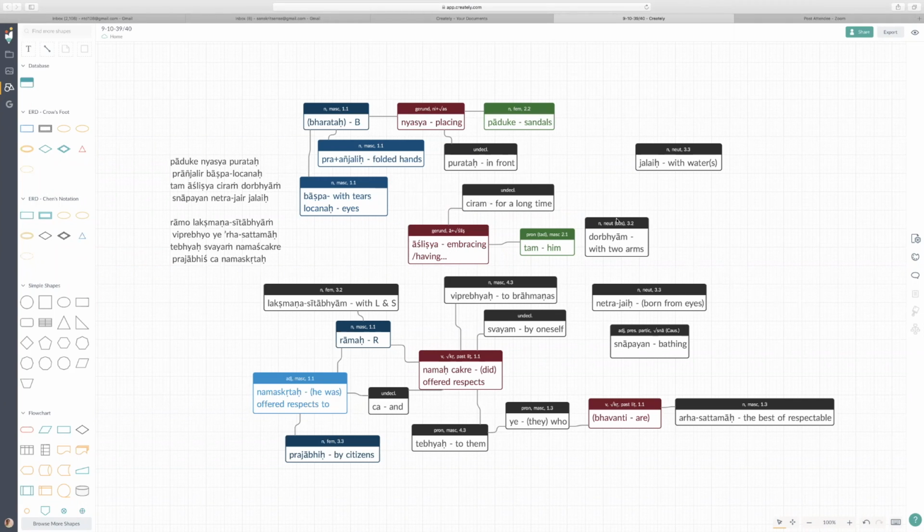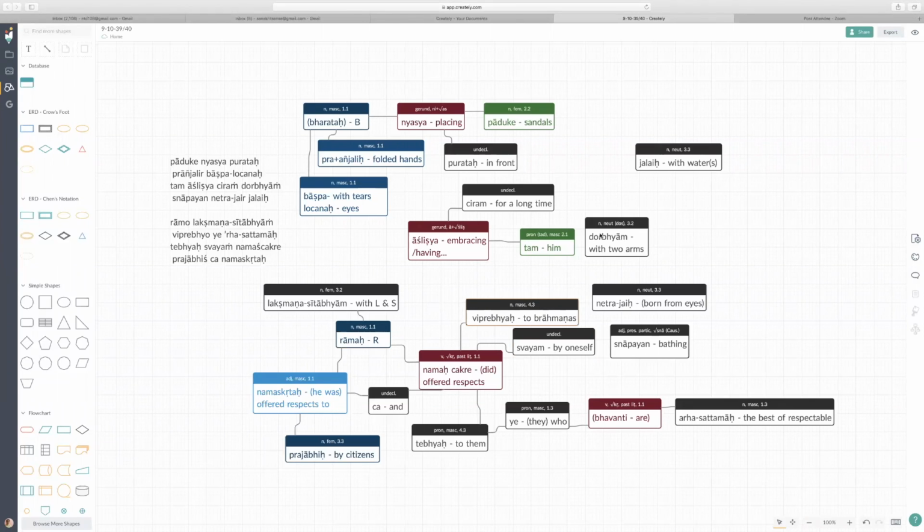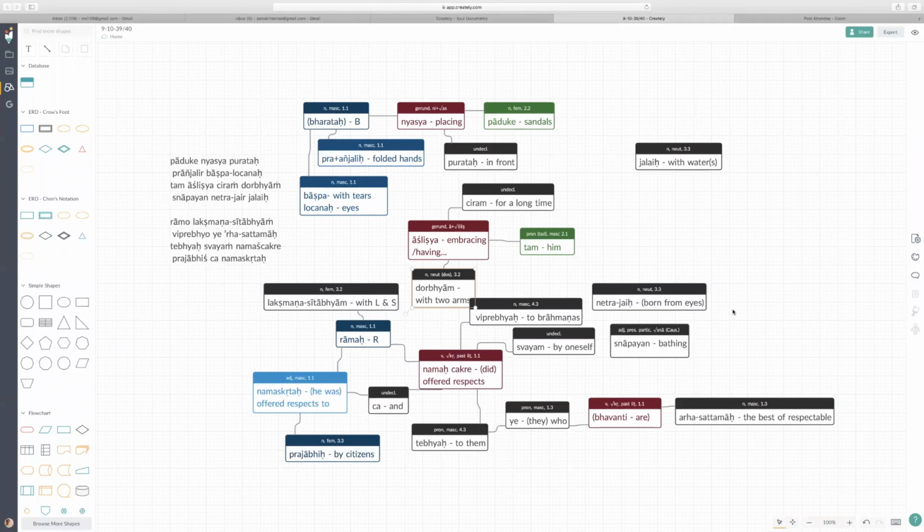With two arms. Well, embracing with two arms. Instrument, by means of. Snapayan. Well, that snapayan is a... where is snapayan here? Here, yeah.